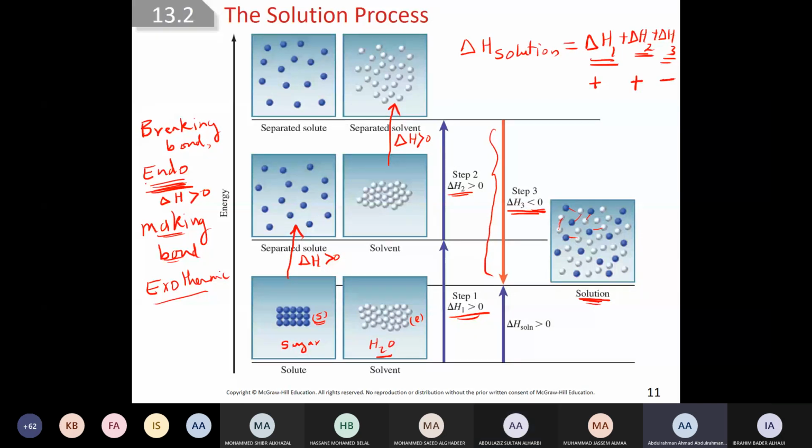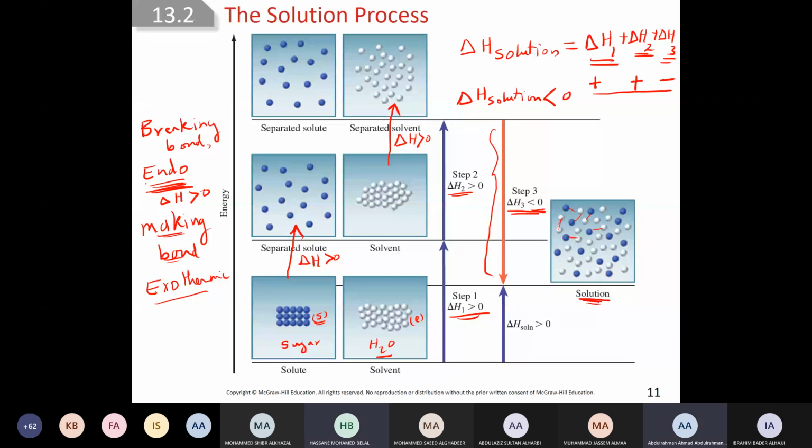So when delta H solution is less than zero, this means the total is less than zero. Is this going to be soluble or not?